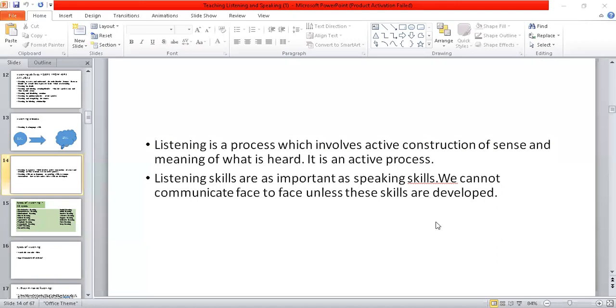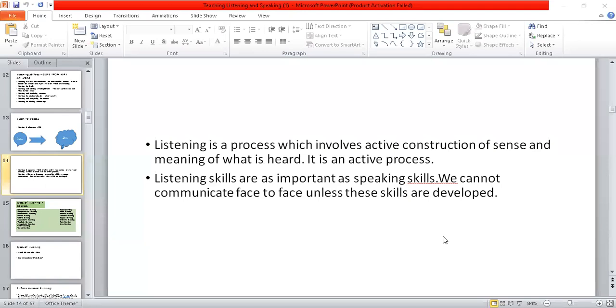Right, okay. Now, tell me the keywords of these two bullet points. Active construction, active process. Yes, you have the active construction. It's an active process. Right. Okay, what else? Important as speaking skills.